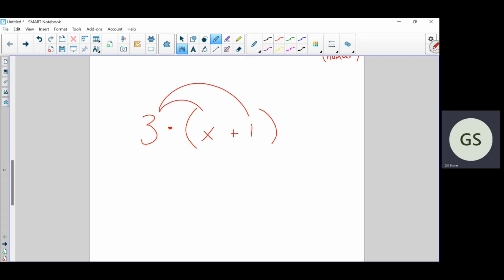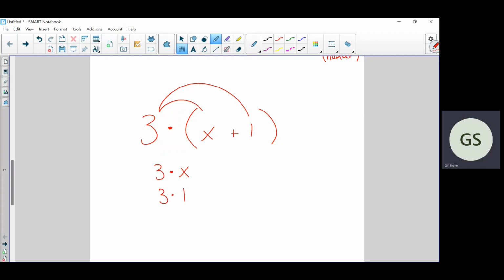We draw in these 2 little lines. Those lines mean I'm going to take this 3, and since I can't combine these into one thing and then multiply that one thing times 3, I'm just going to multiply 3 times both of those. I can't combine them into one thing, but I can still multiply this 3 times both of them. So I write 3 times x and 3 times 1.